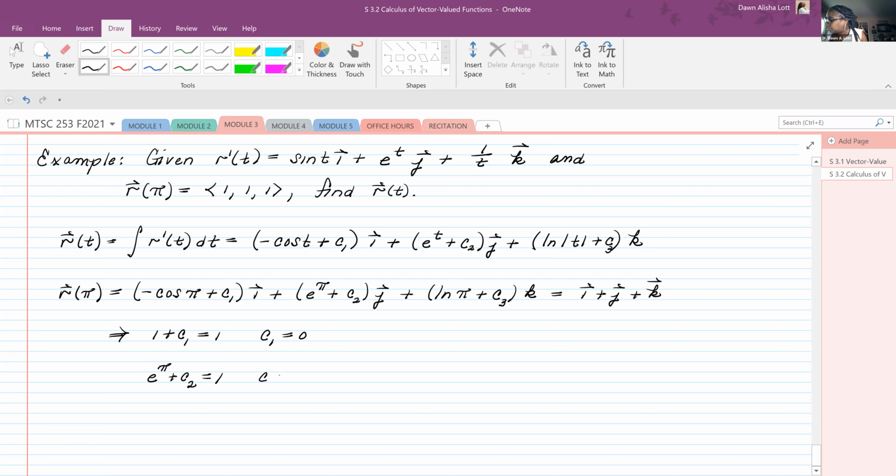So C2 is equal to 1 minus e to the pi. And the natural log of pi plus C3 is equal to 1. So that says that C3 is equal to 1 minus the natural log of pi.